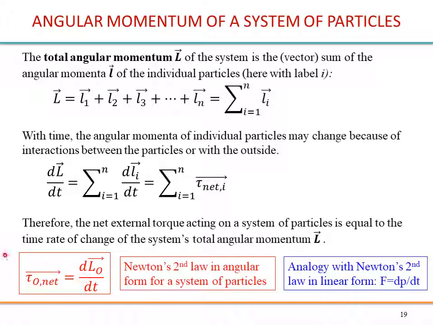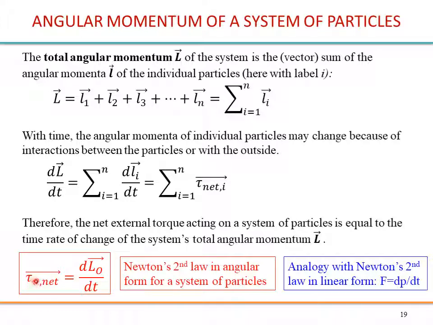So about this formula, so far we have always seen that there was a correspondence between linear motion and angular motion. So what is the corresponding equation in linear motion for this?